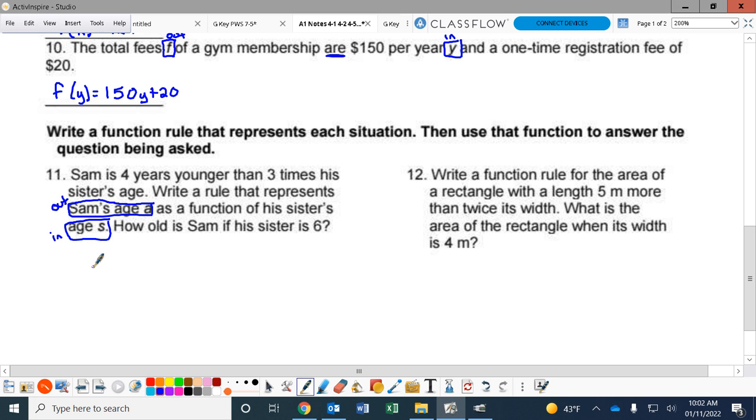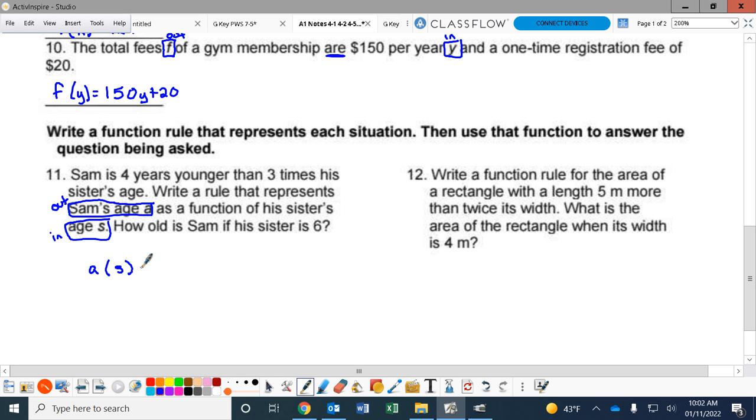So it's going to be A, which I don't know why you'd use that for Sam, but that's what they chose, so be careful. Sam is on the outside. You have to go with what they pick. And his sister's age, S, is on the inside. I would have switched them, but that's just me.